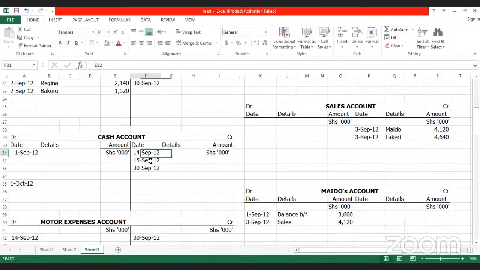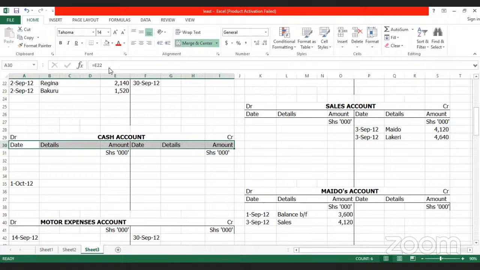So we are coming up with the cash account. This is my cash account, as you can see.